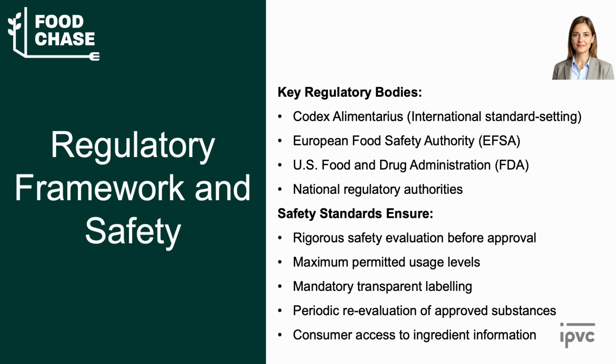For example, titanium dioxide, a white pigment used for decades, was recently questioned in the EU as new toxicology data became available. This system balances innovation with consumer protection. Manufacturers comply with maximum permitted levels, and regulators maintain transparency. It's a trust-building mechanism that keeps food safe while enabling the industry to innovate responsibly.